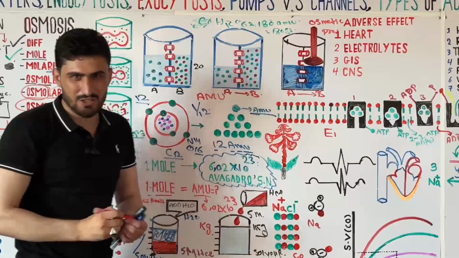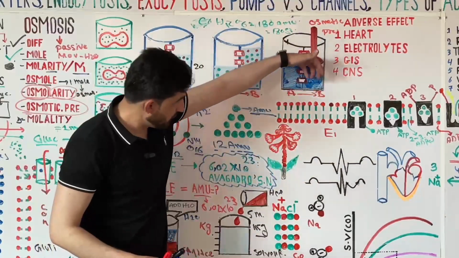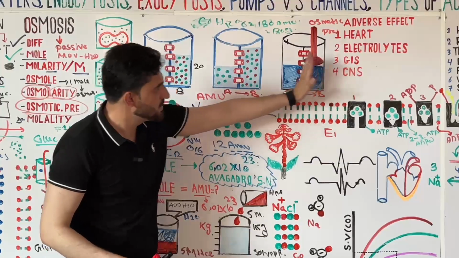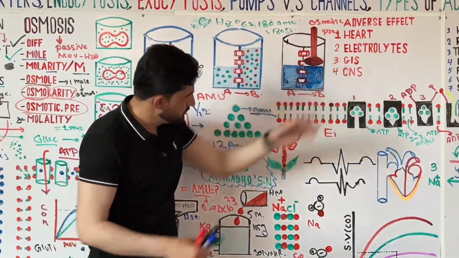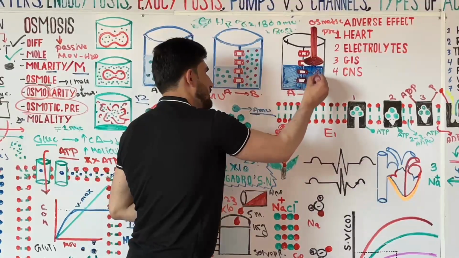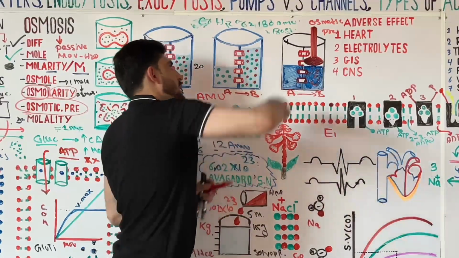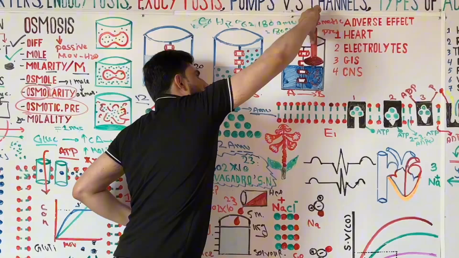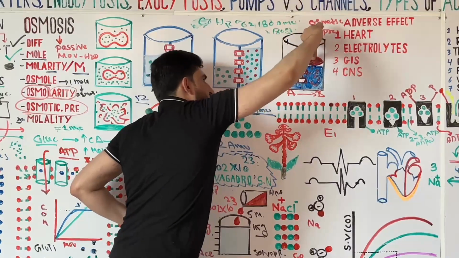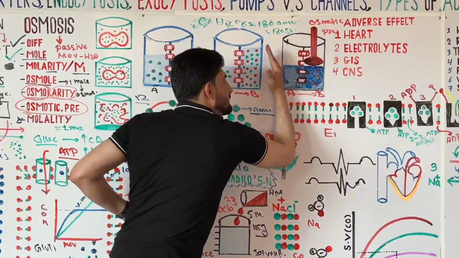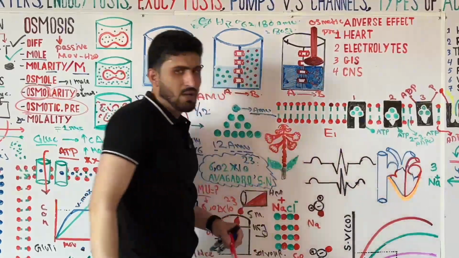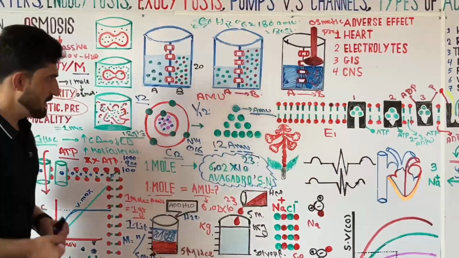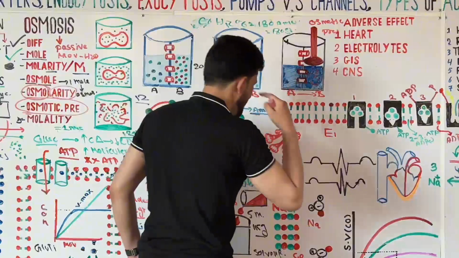Sometimes it can cross over the water from B to A side. For example, this water wants to move here, where there are a lot of solids. If I put some pressure here and prevent the movement of water from this area to this area, this pressure is called osmotic pressure.